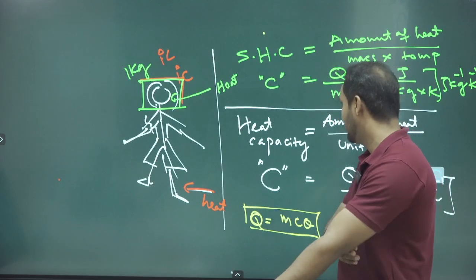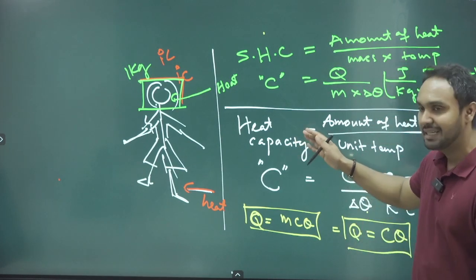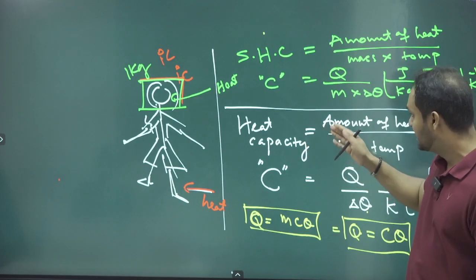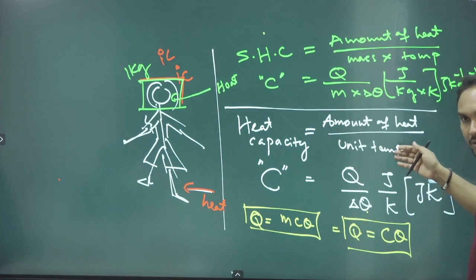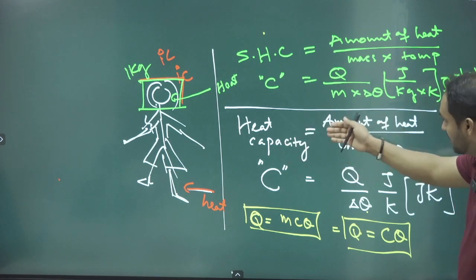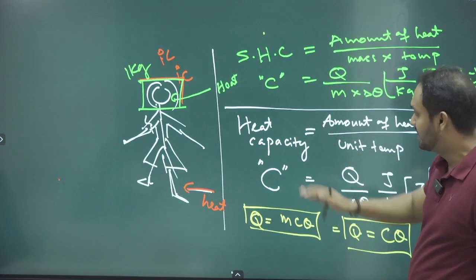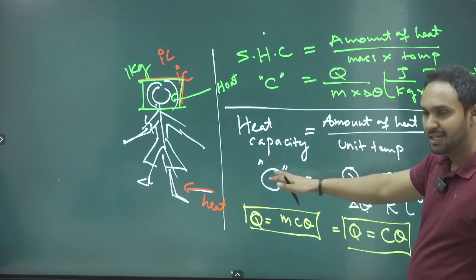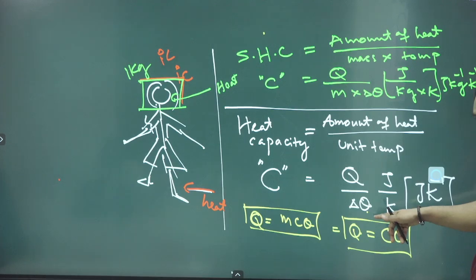So we turned it into a mathematical formula: the heat capacity is equal to the amount of heat per unit temperature. We symbolized it as heat capacity, capital C, the amount of heat Q, and the temperature change as delta theta.